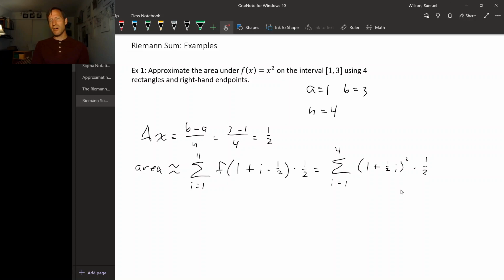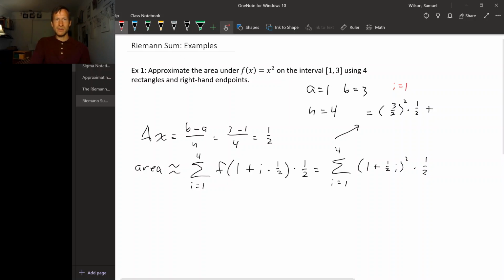There are a couple different ways to evaluate this. Maybe the most straightforward way is to just plug in your different values of i and actually evaluate all of this. So when we plug in i equals 1 into this pattern, we get 1 plus 1/2 is 3/2, squared, times another half, plus. This is the i equals 1 term.